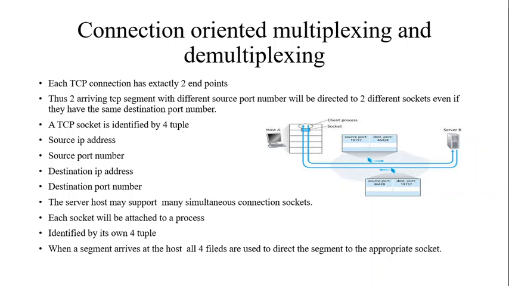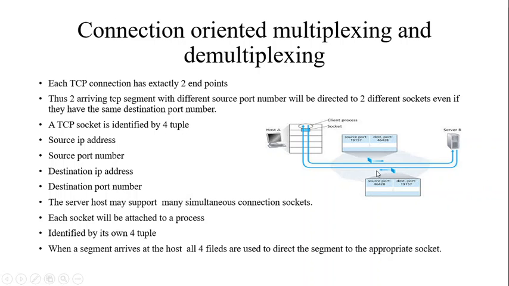Host A sends some data, fragmented from the transport layer, to the network layer for further transmission. So there are some segments which have a source port number for the client and a destination port number for the server.